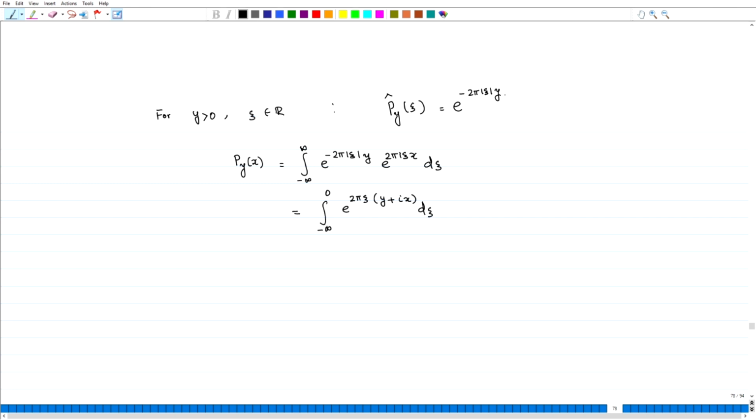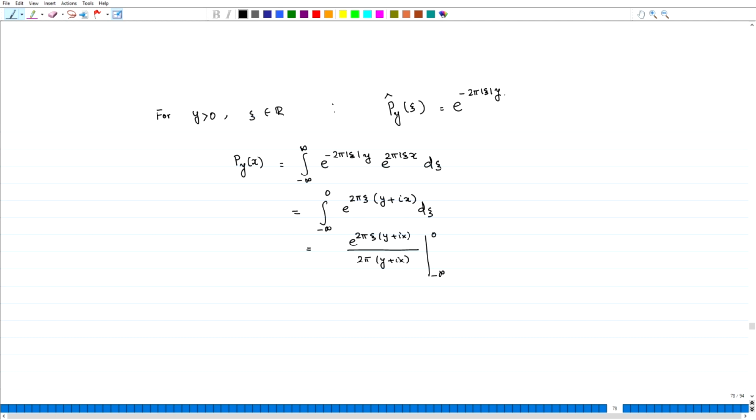This is simple. If y is not equal to 0, then y plus i x is not equal to 0, and this integral is e to the power 2 pi xi (y plus i x) divided by 2 pi (y plus i x), from minus infinity to 0.